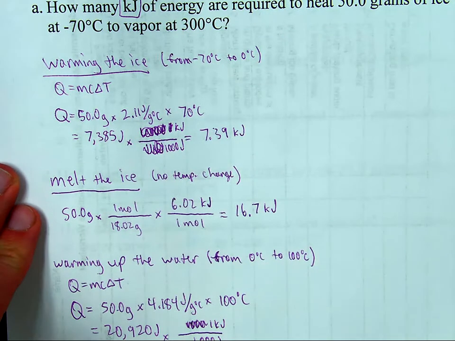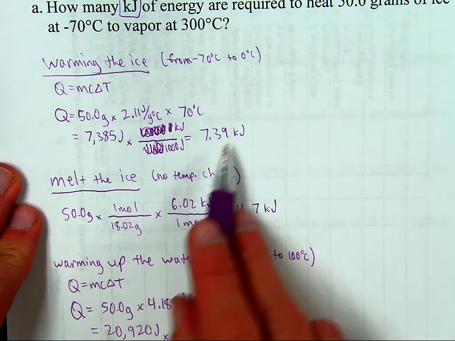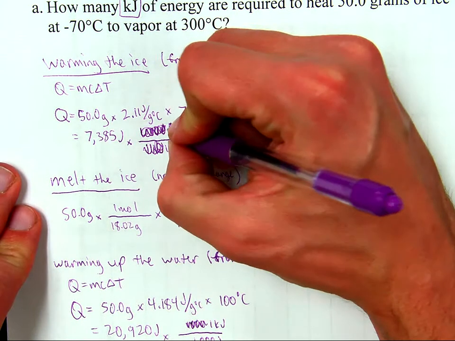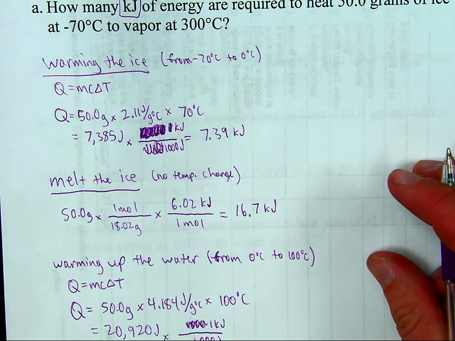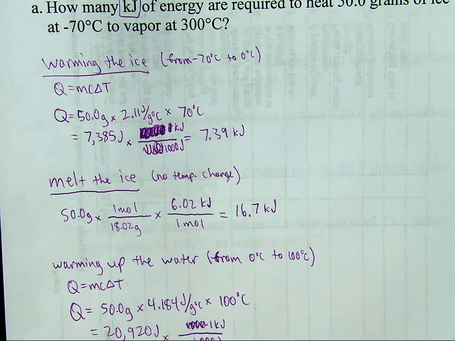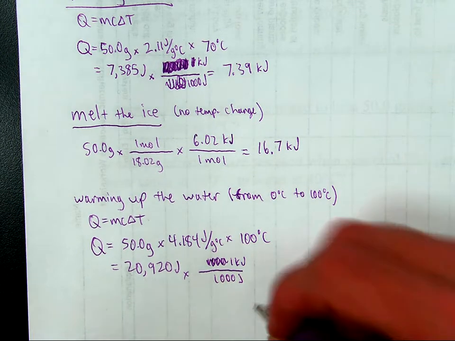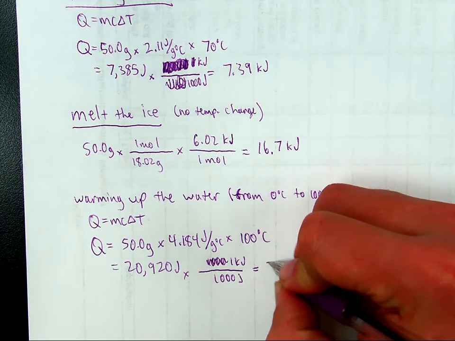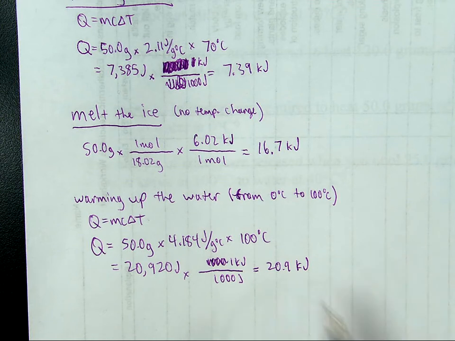I pre-calculated this elsewhere, so this number is correct, but this divided by 1,000 will give this number right here. So, oops, that was a mistake. Mini brain part there. But anyway, continuing. Okay, this will give 20.9 kilojoules to warm the water up.